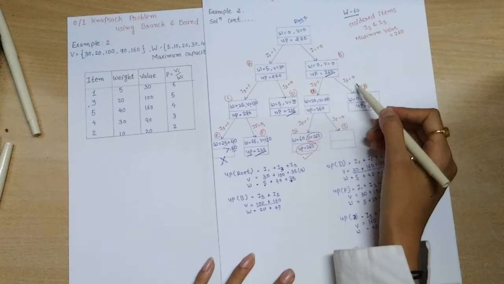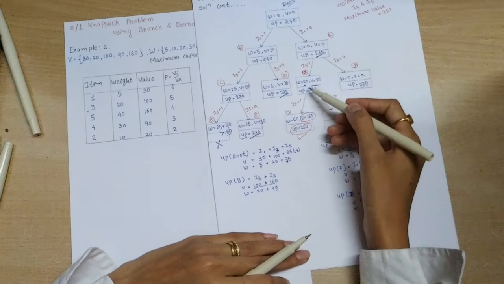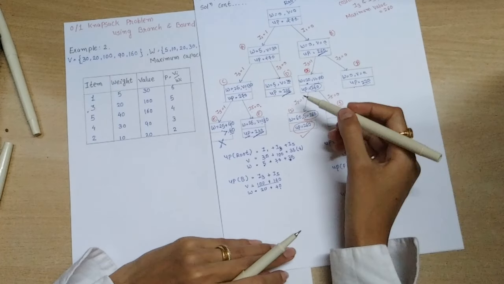If we do not consider item I3, then weight will be 0, value will be 0, and we have to calculate upper bound for node H. So upper bound for node H is item I5 plus I4 having weights of 40 and 30, having values 160 and 90, so upper bound will be 220.